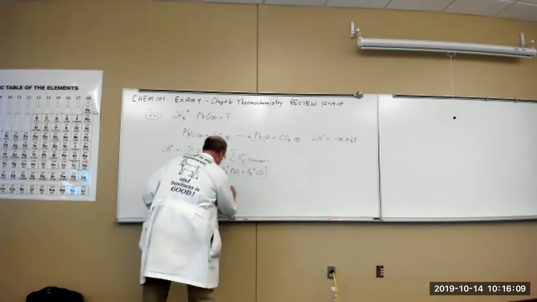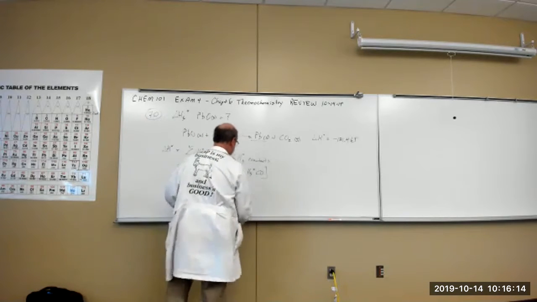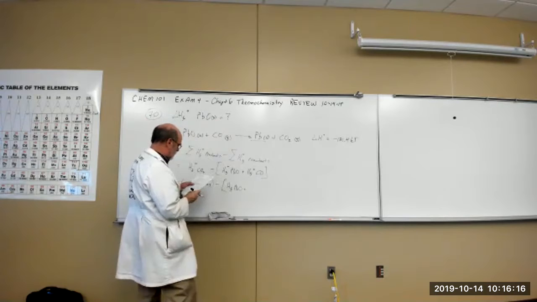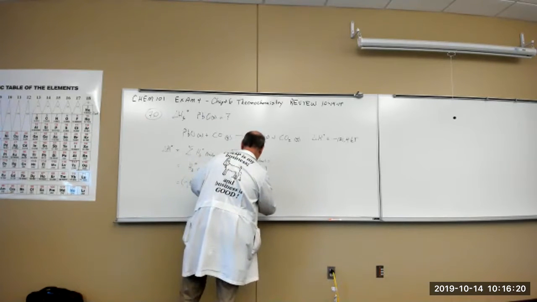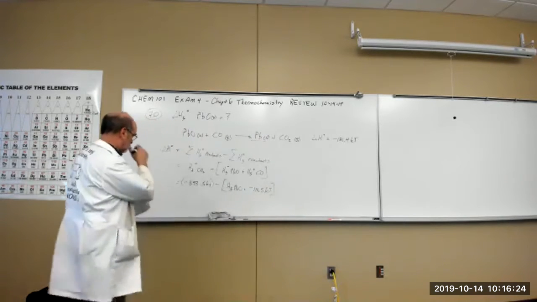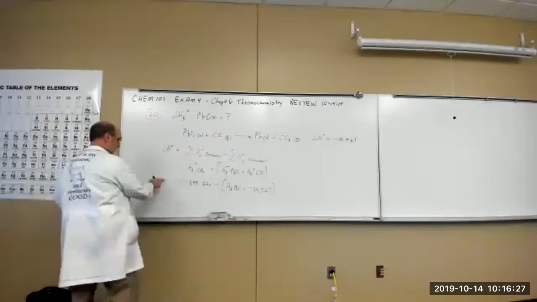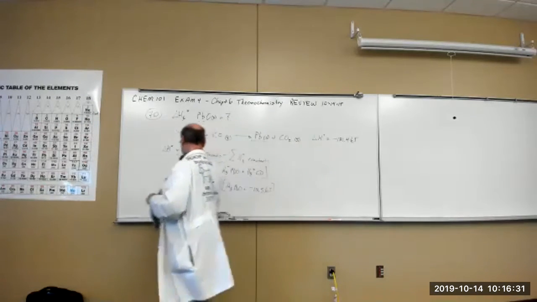That's what we want to know. And the heat of formation of carbon monoxide is minus 110.5 kilojoules. Okay? Oh, and the total over here is given right there. Minus 131.4.